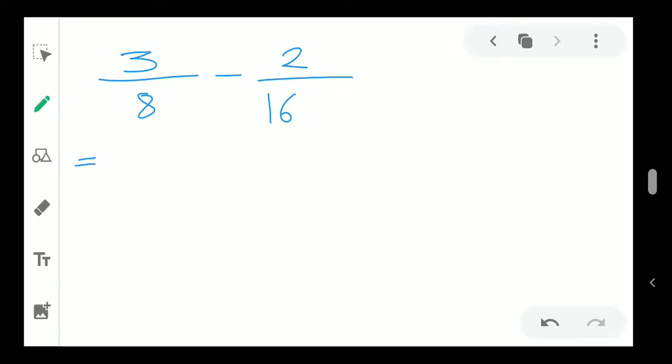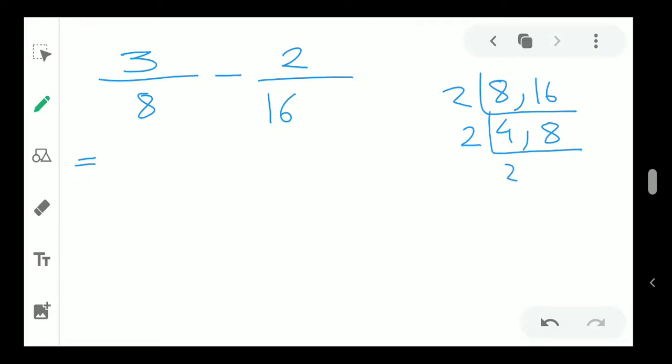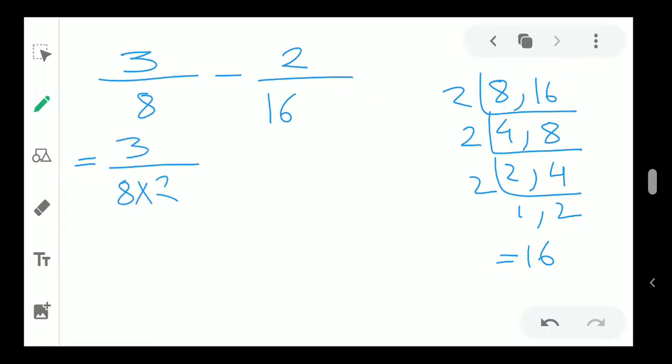So first I will do the LCM of 8 and 16, and I know that the LCM of 8 and 16 will obviously come to be 16 itself. So 2 and 4, 1 and 2, so we know that the LCM will come 16. So what I have to do is make this equal to 16. Same number multiply up and down, but this is already 16, so I don't have to do anything.